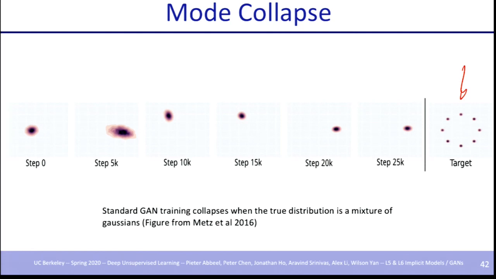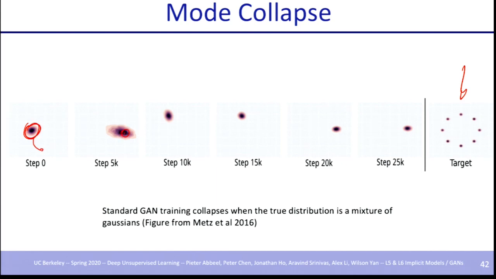but then during training, you just jump around from mode to mode to mode, because what's happening is you're here. Now, the discriminator is like, well, when you generate something there, it could be real, but only 1/8 of the samples that are real land over there. But all the fakes land over there. So the discriminator is going to say, well, if I see this, I'm going to say fake. And then you get a bad score here, and you have to run somewhere else where the discriminator hasn't caught up with you yet.